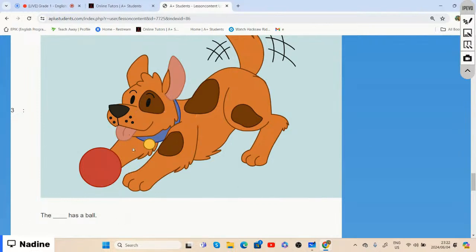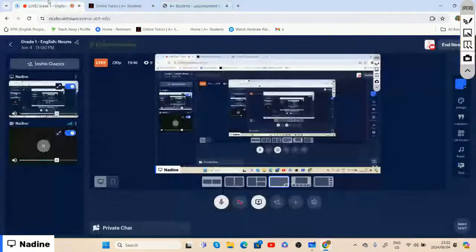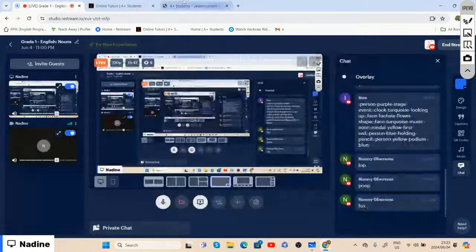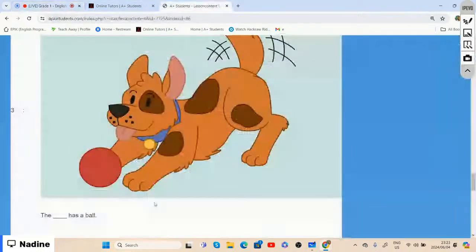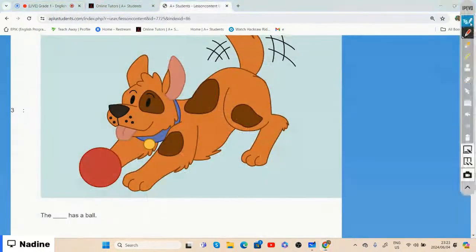Who has a ball? Or what has a ball? So if we were to identify who or what has a ball, then we can say the dog. So the dog has a ball, right? So dog is our noun.